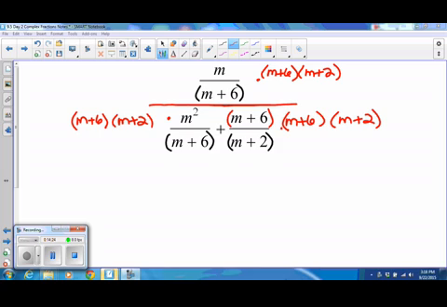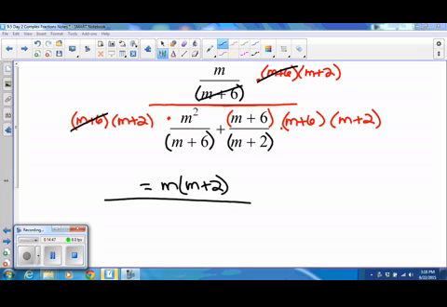Okay. Now we cancel out our denominators. So this m plus 6 cancels out with that, right? So on top, all I'm left with is m times m plus 2. Right?